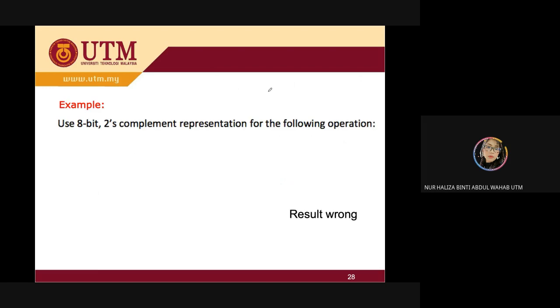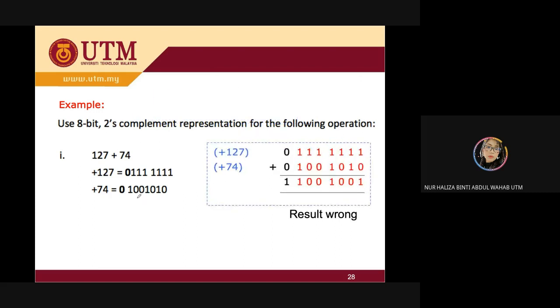So example here, you can see using 8 bits second complement to represent the following operations. When you have this value, you can see these are positive values. When you try to add, you add positive 1 to 7 bits. This one is our sign.